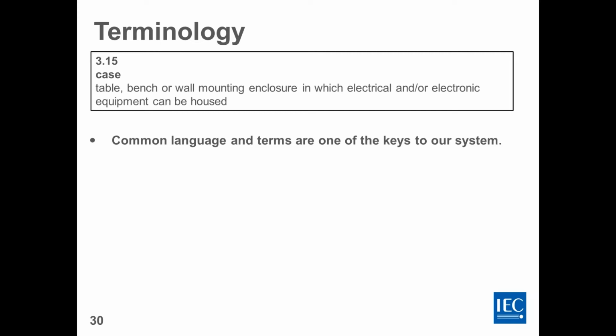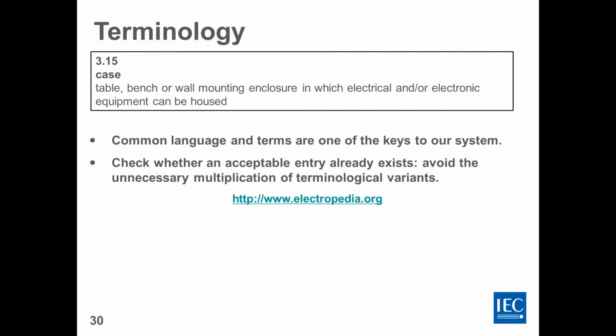If you cannot find an acceptable term within Electropedia, you are allowed to define it within the context of your standard, but we would really encourage you to collaborate with TC1 in coming up with common terminology which you can use throughout your standards. It will facilitate the understanding and precision of your standards.